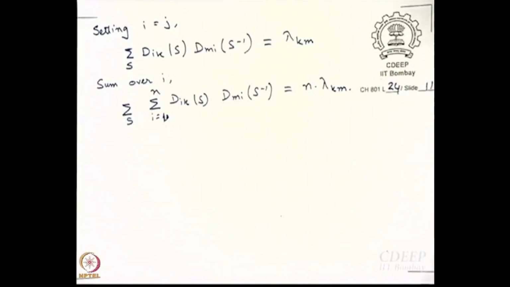Okay. Now let us see if I can simplify it a little bit. So what I notice is ik and mi, d_ik(S), d_mi(S inverse). If I just write it in the opposite sequence, it might be a little easier to see what that means.